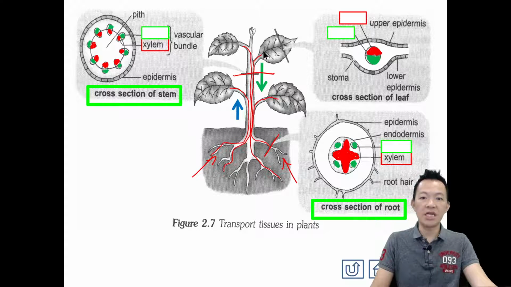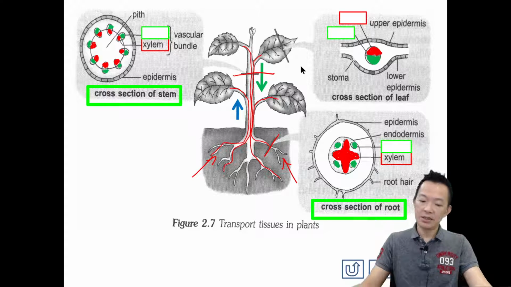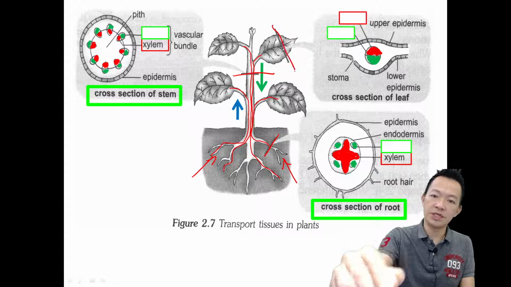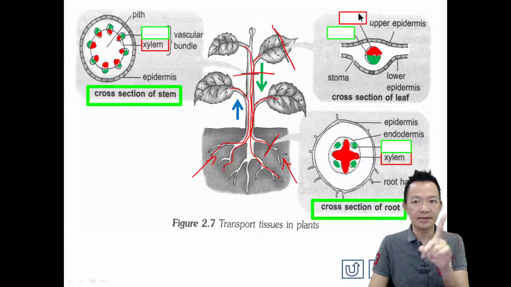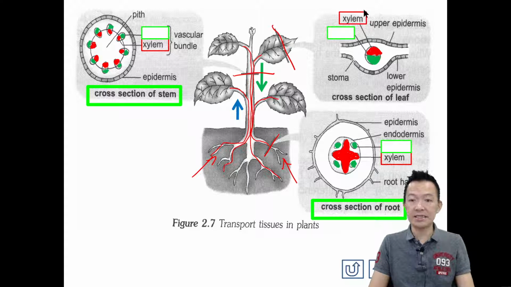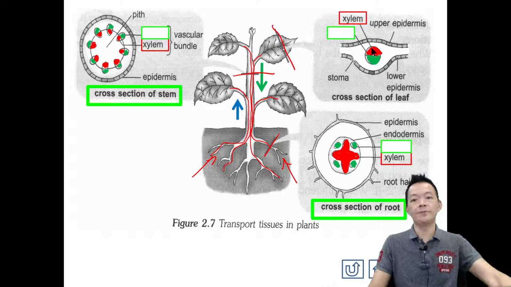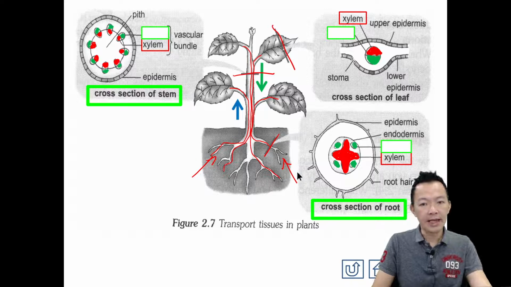And now go to the leaf. So we have to cut the leaf. Where is the xylem tissue? The red color, just look for the red. In the leaf, inside the veins, it faces upwards, so this is xylem tissue. Okay, so they're actually connected.